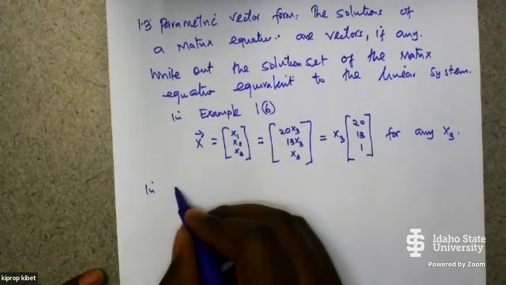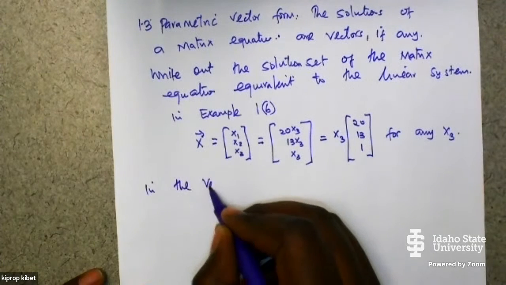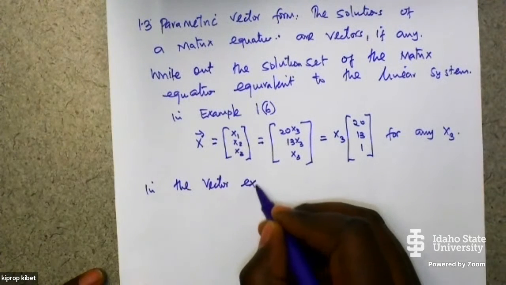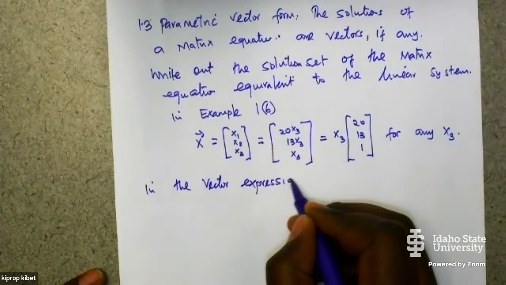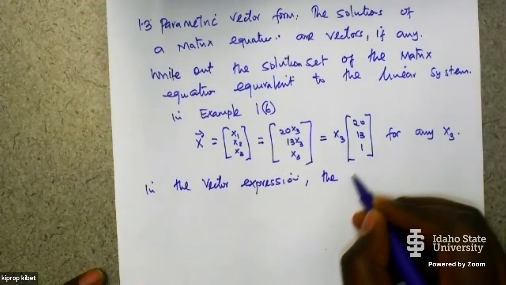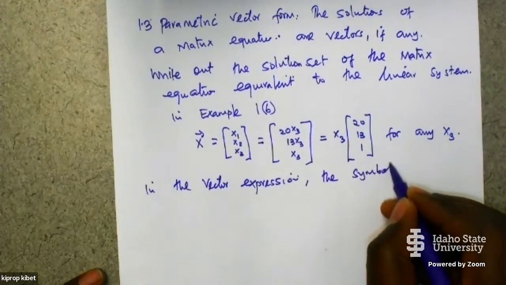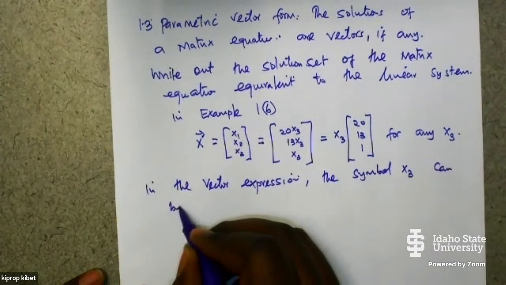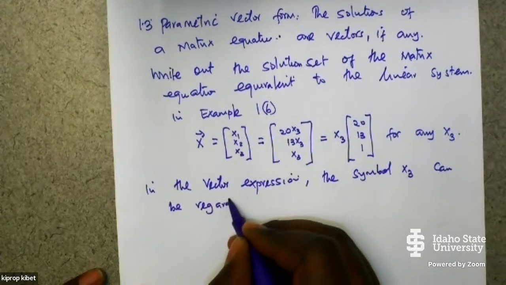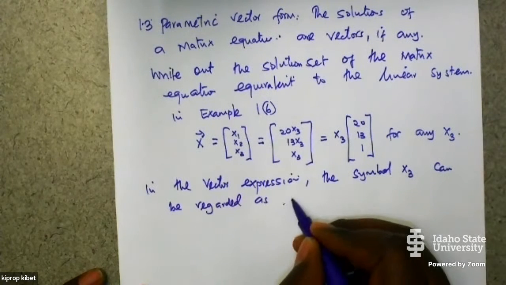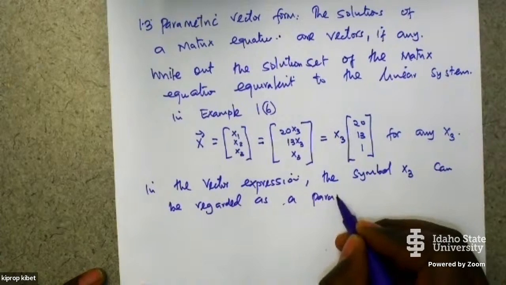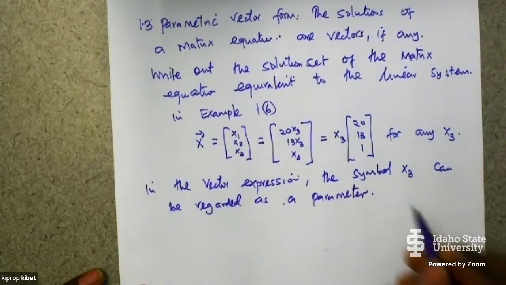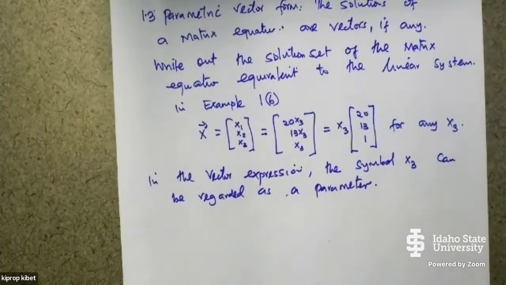So in the vector expression, the symbol x3 can be regarded as a parameter.